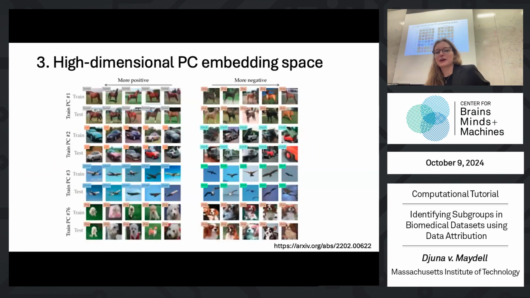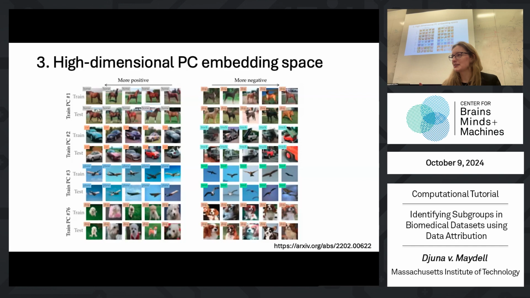Then what is very cool about the data model's embedding, because in the end, what you have is a matrix where the rows are your training samples and the columns are your held out test samples. And every value is giving you that coefficient. It's giving you the influence of that training sample on the held out test sample.